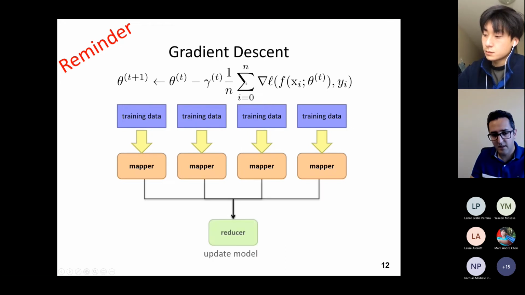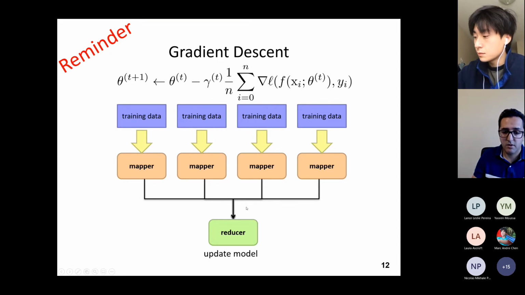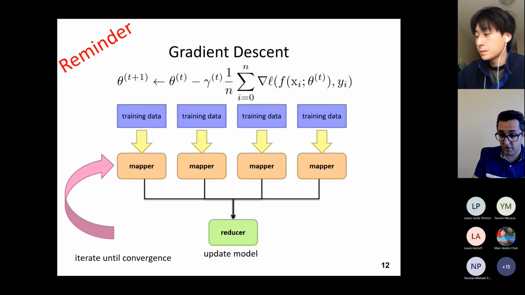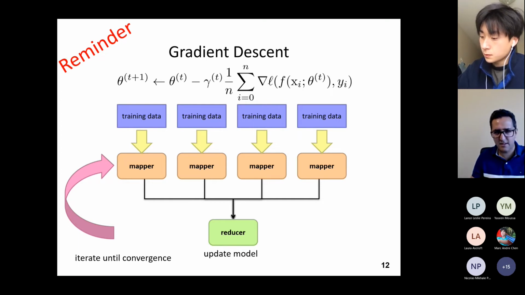They would send this partial sum to a reducer that adds up all of these numbers and calculates sigma, and it can update the model then. And remember, this was only one step, so we had to iterate in order to find the minimum. That was the idea. You may say, is this ensemble learning because you divide your data?